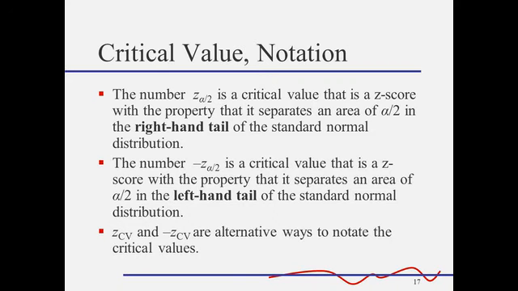Don't look at the notation and think that you should take 1.96 and divide that by 2. Please don't do that. We divide alpha by 2, not the critical value. Sometimes you will also see the critical values marked as ZCV and negative ZCV.